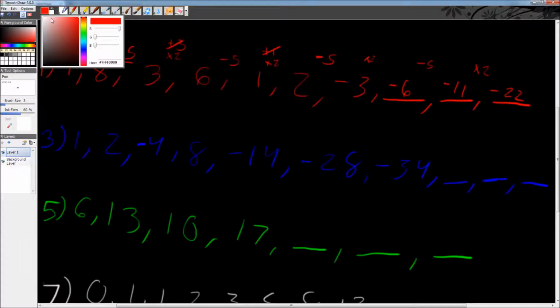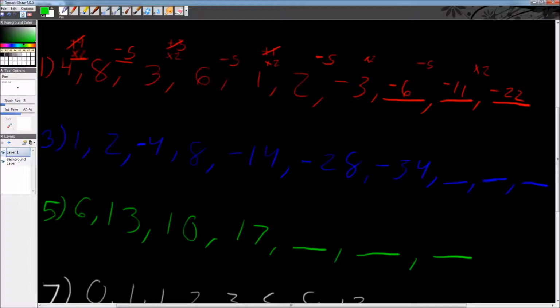So now, number 3. To get from 1 to 2, we can either multiply by 2 or add 1. To get from 2 to negative 2, we can multiply by negative 2 or subtract 4. To get from negative 2 to negative 4, we can multiply by 2 or subtract 2.